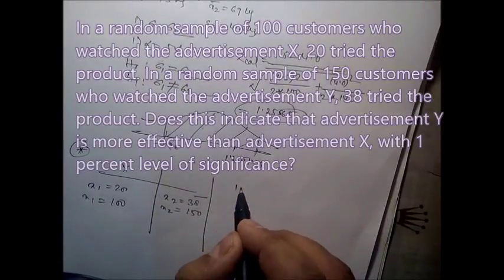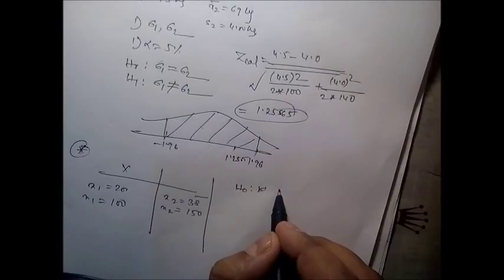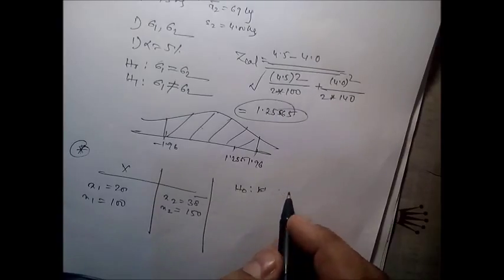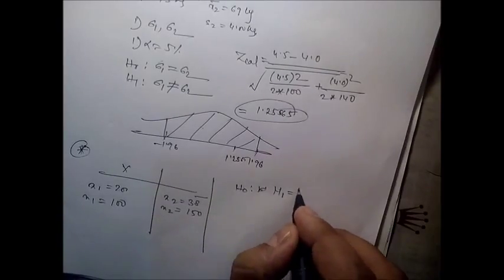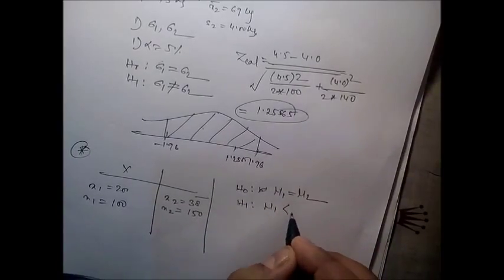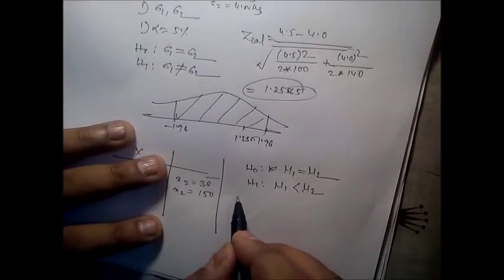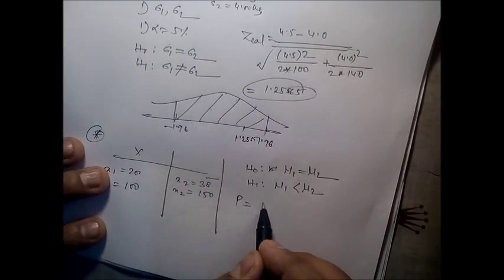Okay, so null hypothesis, mu1 is equal to mu2, and alternative hypothesis mu1 is greater than mu2. Clear? So the pooled estimate is what?